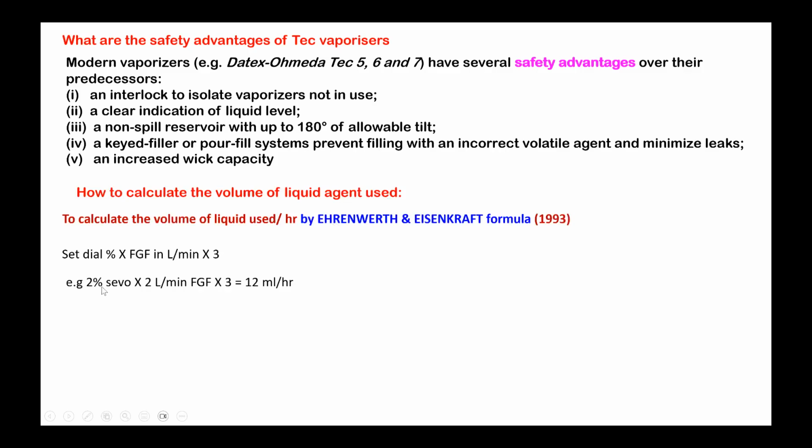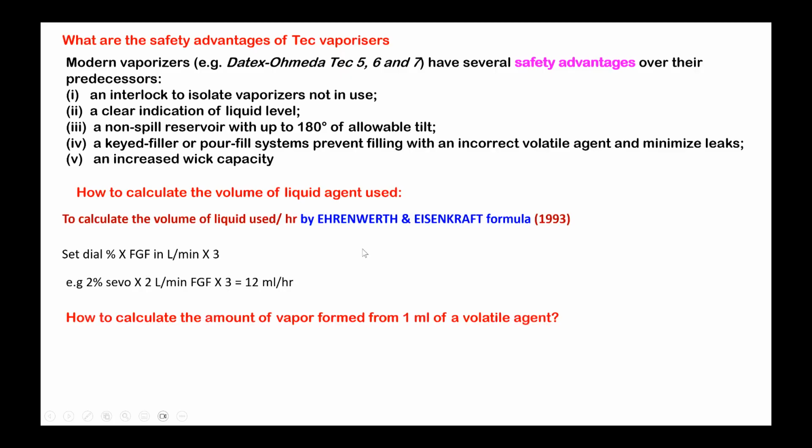So for 2% sevoflurane, if you use a fresh gas flow of 2 liters and multiply by 3, the total volume you will be using for an hour will be 12 ml of sevoflurane. This formula also they ask you in the examination. So the higher the percentage, the higher the flow rate, the higher will be the utilization of that.